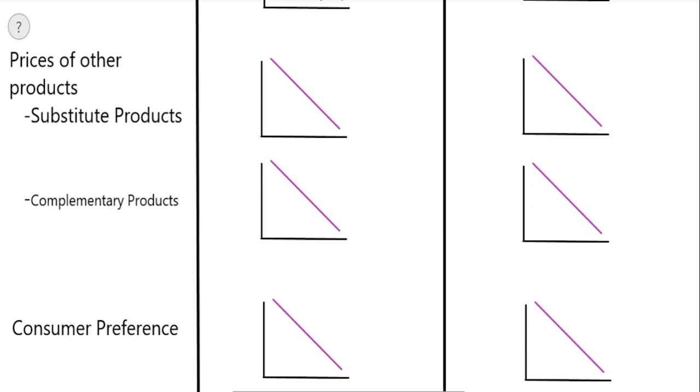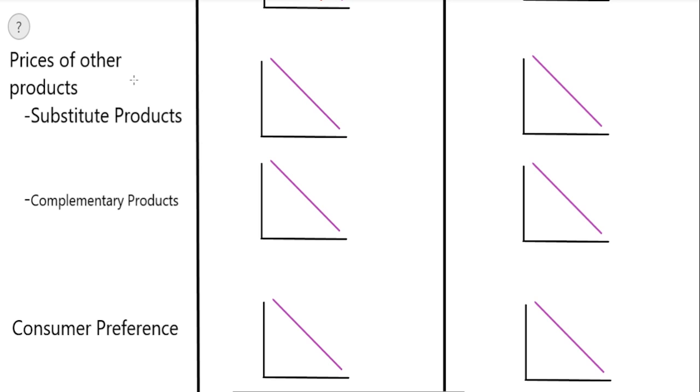All right, awesome. Now we're going to take a look at the next section, prices of other products. If we have a substitute product, that's basically something that can replace some other product. For example, I know some people might not agree with this statement, but Coca-Cola and Pepsi are very similar and can be considered substitutes for some.